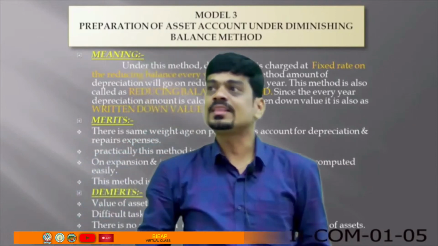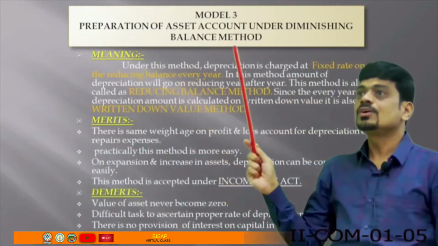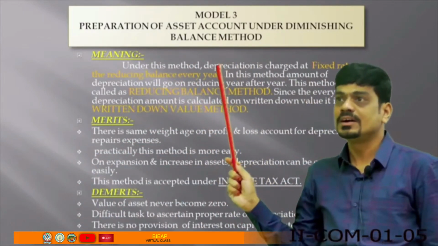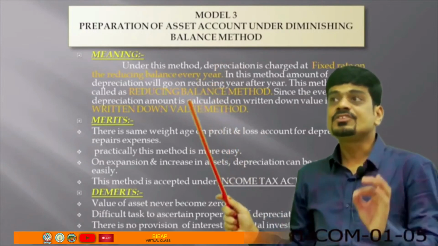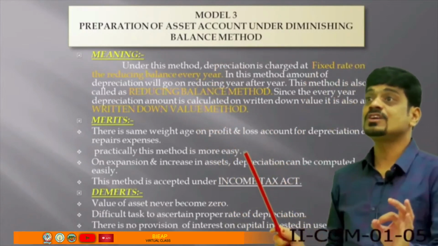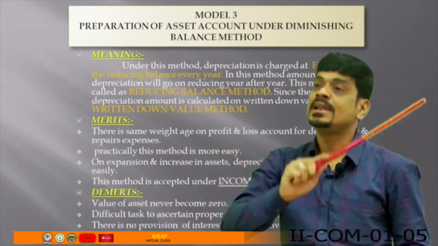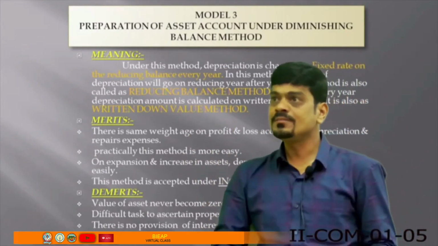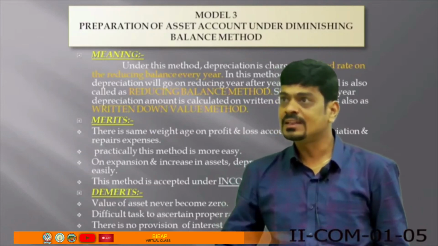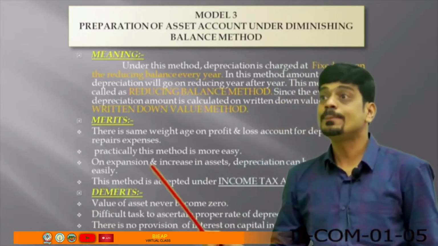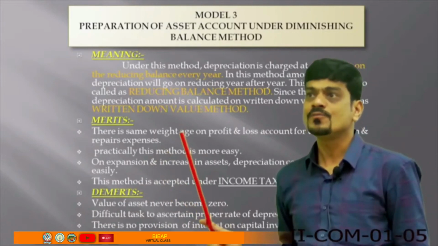So what is this method? This method, called diminishing balance method, is a method where we charge depreciation at a fixed rate on the reducing balance every year. In the previous session, I did the working notes showing you WDV, written down value.